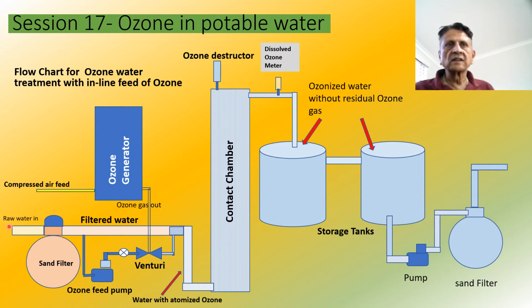The raw water after filtration comes through, and there is a bifurcation where a small amount of water is sucked in through the feed pump, the small ozone feed pump that feeds this venturi to cause the vacuum and ozone solubility.